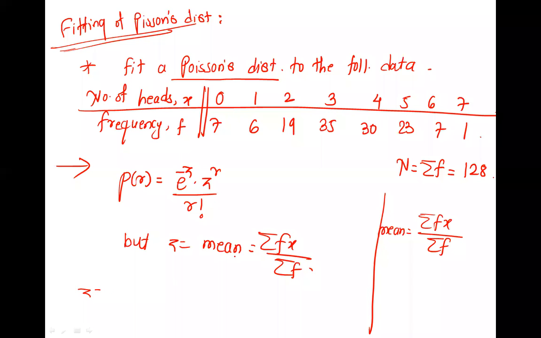Z is therefore summation f x, f into x. Summation means addition of all these f into x.